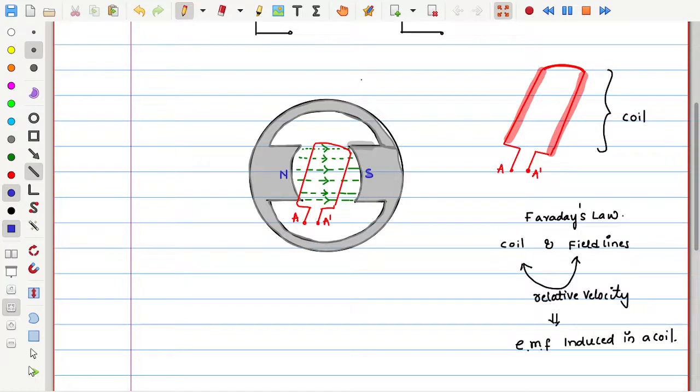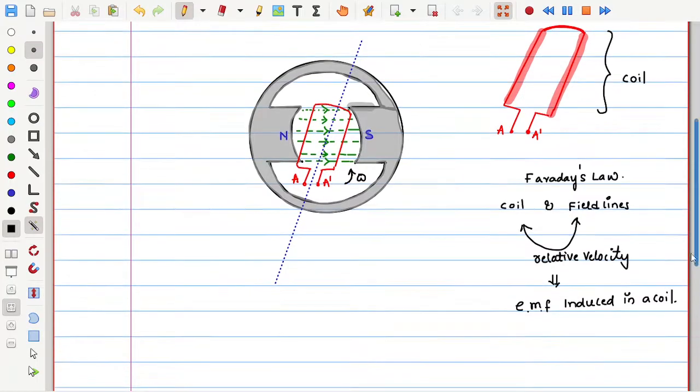Now assume that somehow we are able to rotate this coil about this axis, in a certain anti-clockwise direction, at an angular velocity of omega.